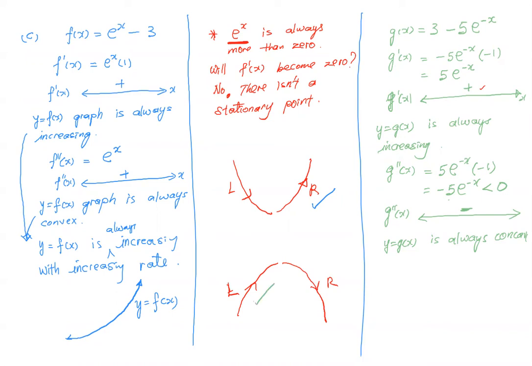So in conclusion, what can I say about my y equal to g(x)? It is increasing, with the graph becoming steeper or less steep? Less. So with decreasing rate.